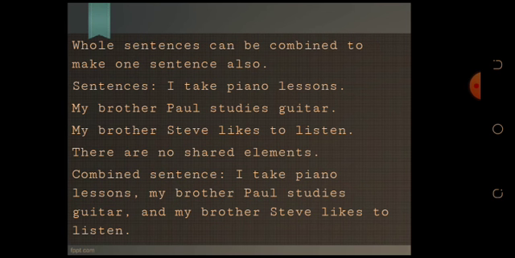So we'd have: I take piano lessons, comma, my brother Paul studies guitar, comma, and before the last item, a conjunction, and my brother Steve likes to listen. Let's move on.